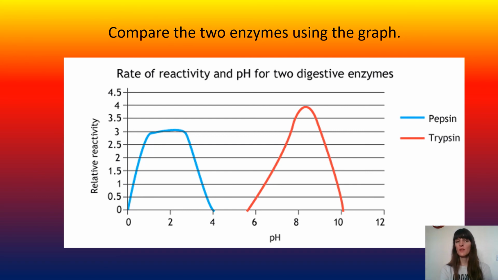And we could assume that perhaps pepsin was in our stomach because our stomach is a strong acid. Trypsin's optimal pH is closer to 8, again looks around about 8.5. So we would assume that this isn't the stomach because the stomach's an acidic environment. Trypsin must be found somewhere where it's a much more neutral pH.